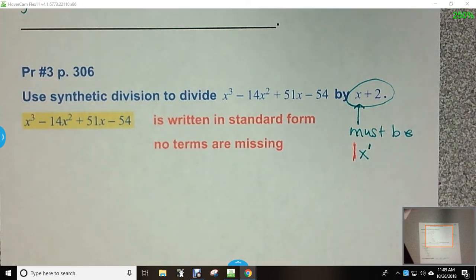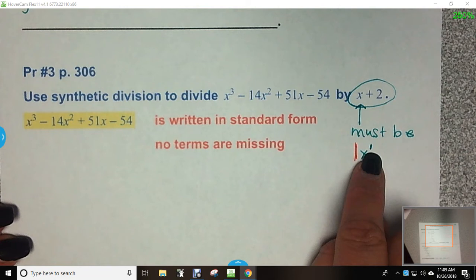If the coefficient is not a 1, we can still do synthetic division, but we've got to fix it first. If my exponent is bigger than 1, you can't do synthetic division. It doesn't matter. You can't do it.